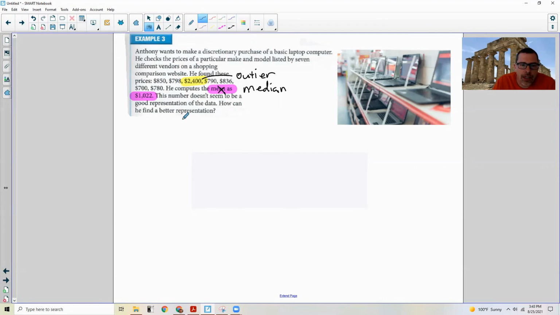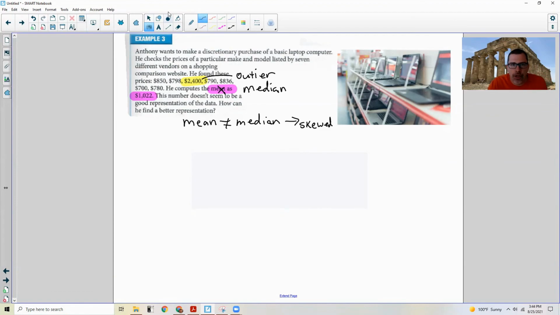If the mean does not equal the median, then the data is skewed. The median is unaffected by outliers.